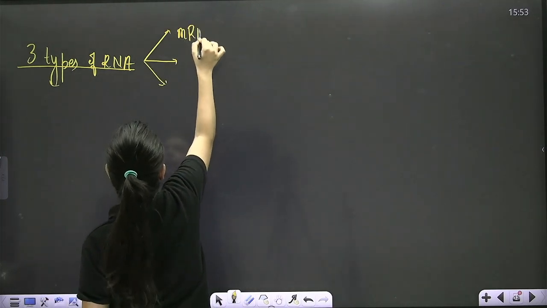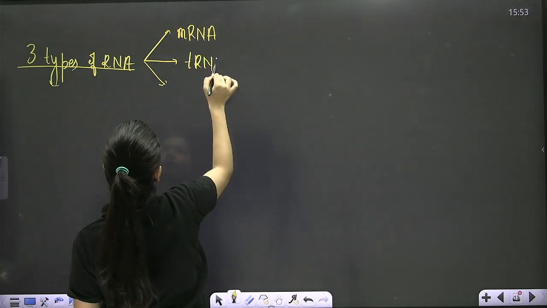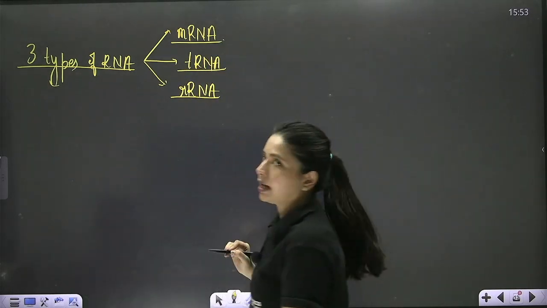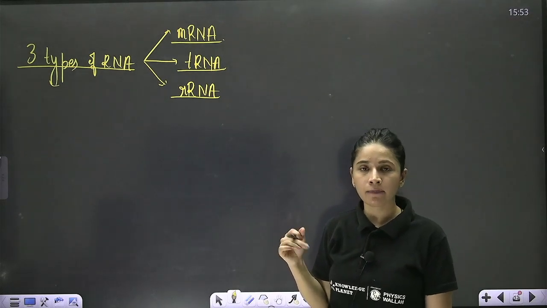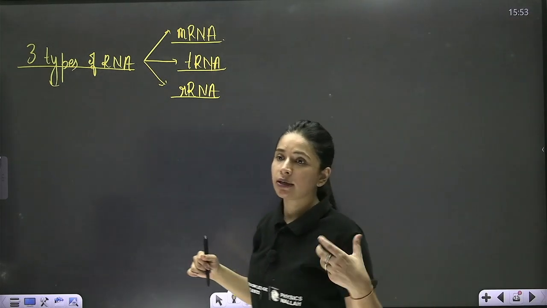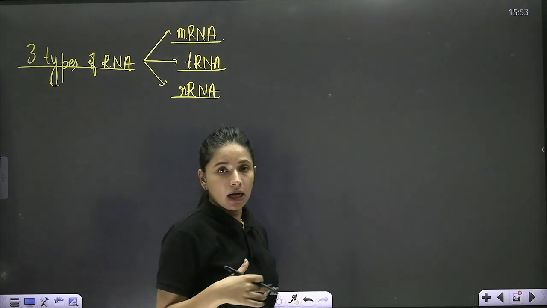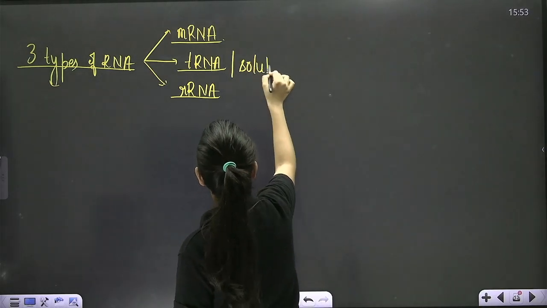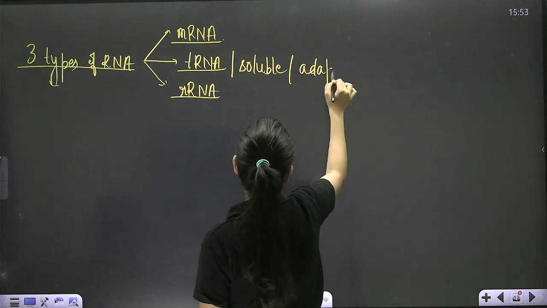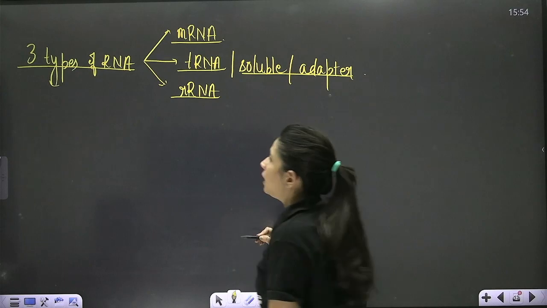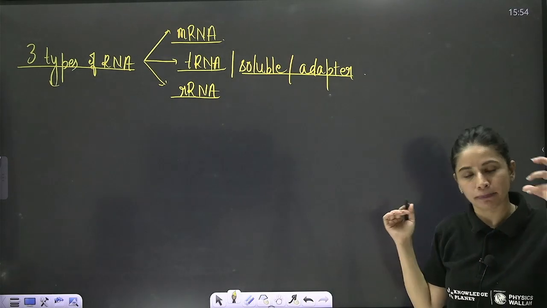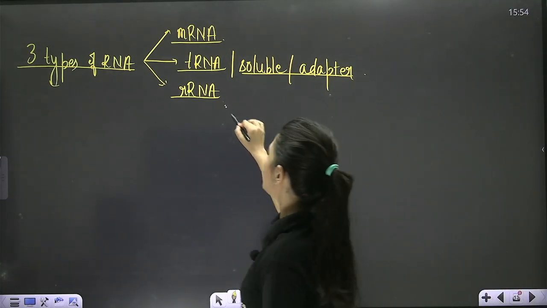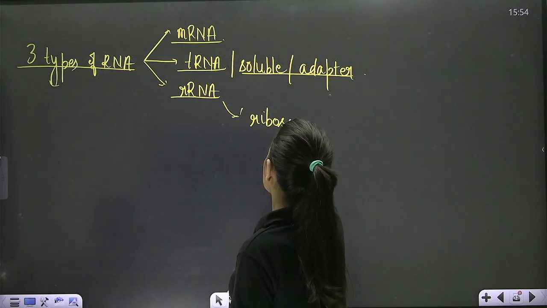That is mRNA, tRNA and rRNA, right? M stands for messenger RNA, which carries the information about which type of protein has to be synthesized and when. tRNA, which is also known as soluble or adapter RNA, brings the right amino acid to the right codon on the mRNA for translation, and rRNA helps in synthesizing the ribosomes.